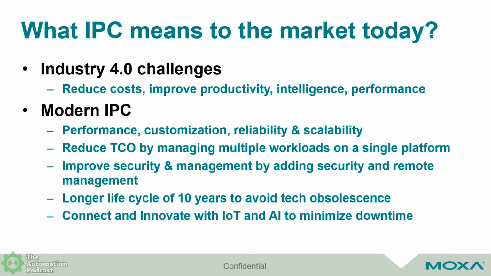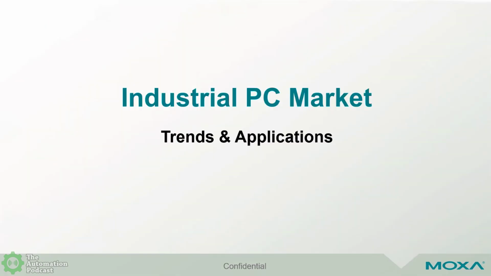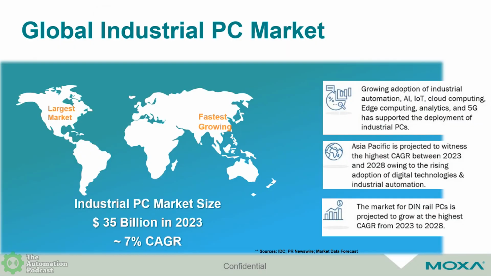Yeah, absolutely. Let me just dive into the market. What's the market trends? What's the market landscape? From various reports, I've gathered this. The industrial PC market is still a pretty good market. We are at $35 billion this year, with a 7% compounded annual growth rate. So it's a fast-growing market.